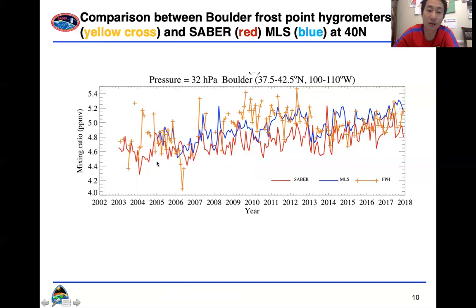And those cross points are individual frost point measurements. We can see that all three measurements show increasing water vapor since 2003. So they are very consistent.